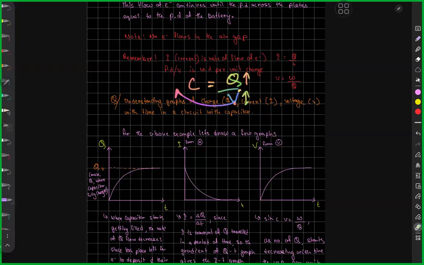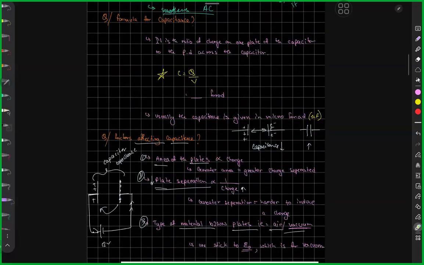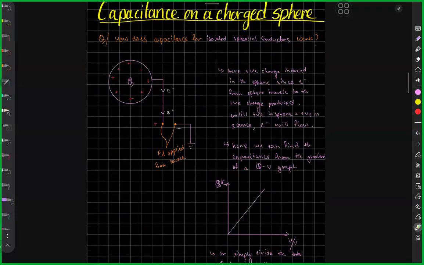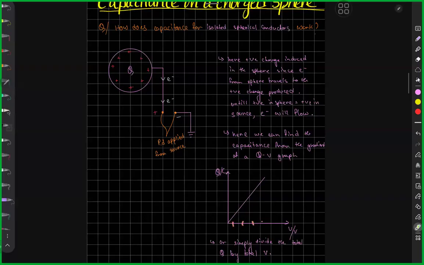Or I can say, if the voltage supplied increases, the charge that will be accumulated increases as well. That is the key point: as I increase the voltage supplied, the charge stored at the sphere increases.